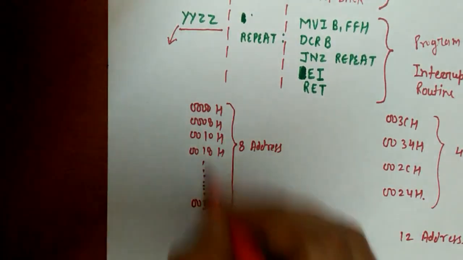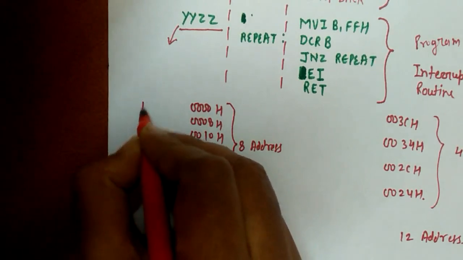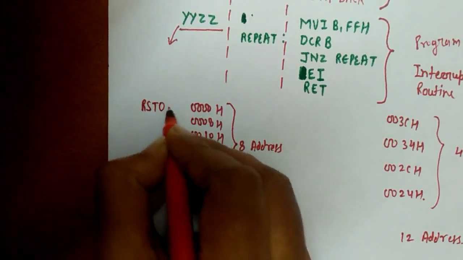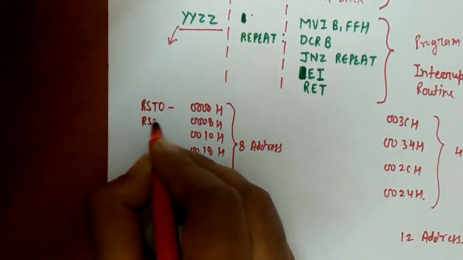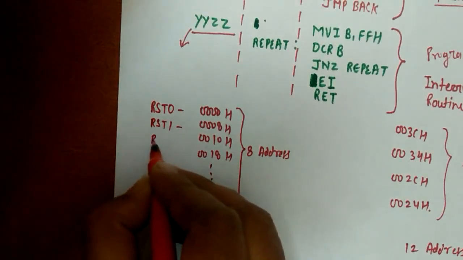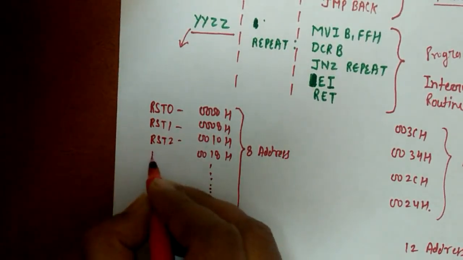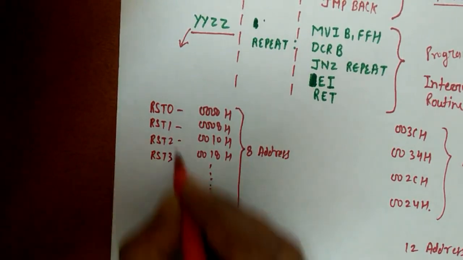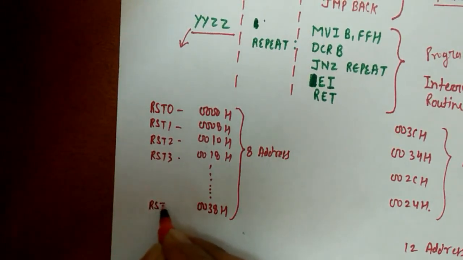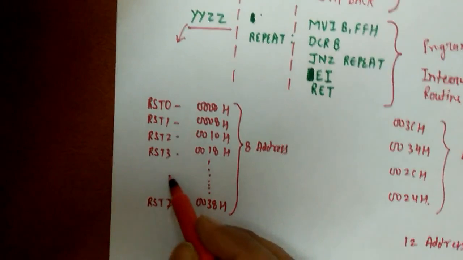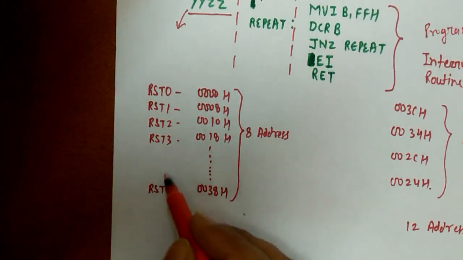Like this side of addresses are assigned to RST0, this is RST1, this is RST2, this is RST3, and up to RST7, and in between there will be RST4, 5, 6, and this is 7.